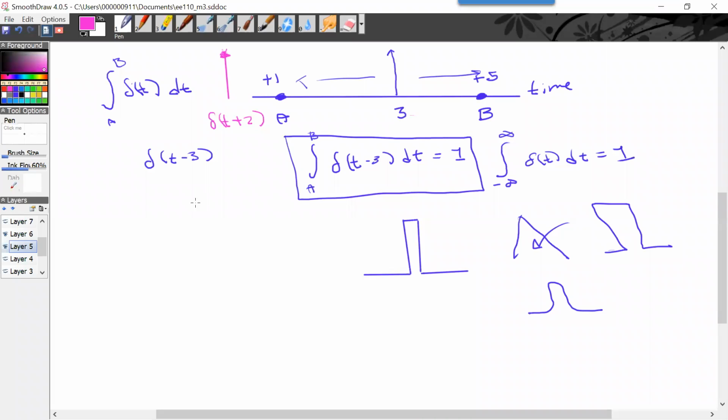So now we're going to keep the limits between 1 and 5. And that delta function is outside of the limits, and so it's 0.